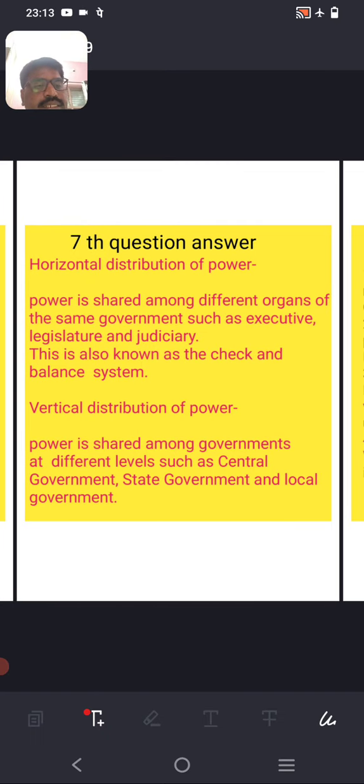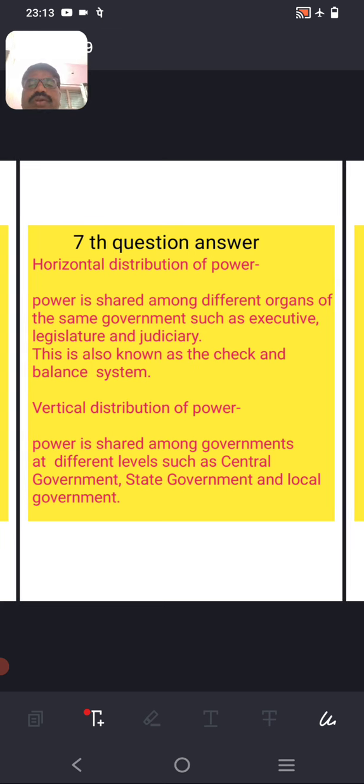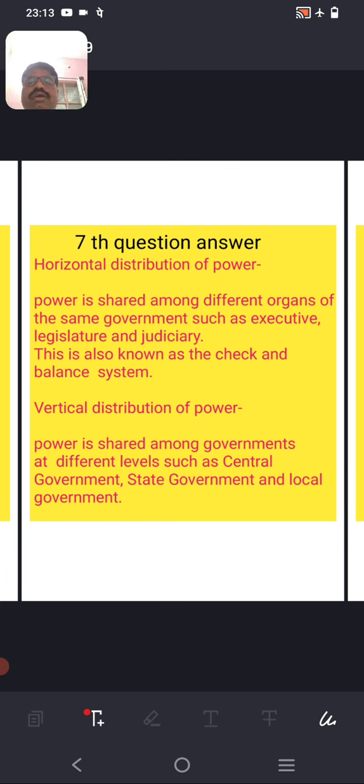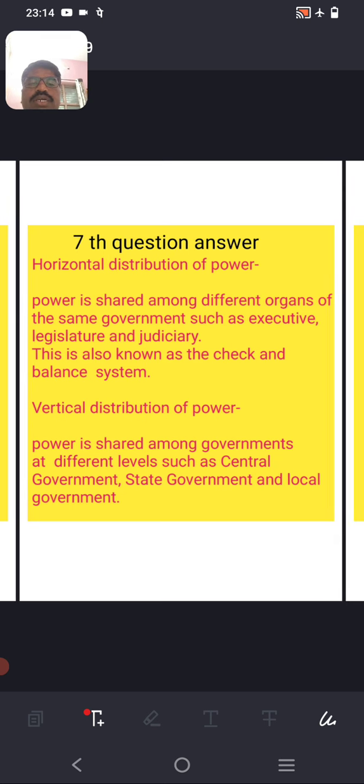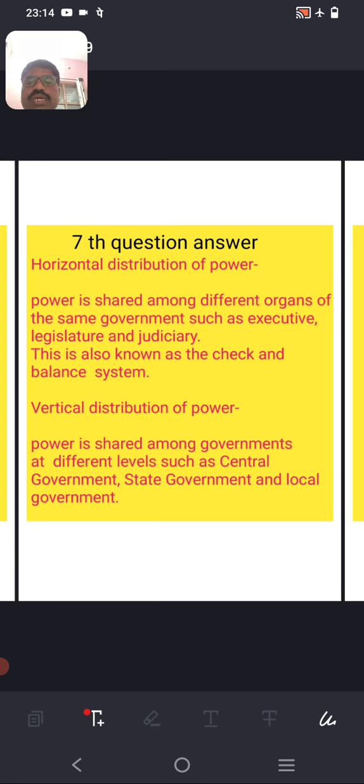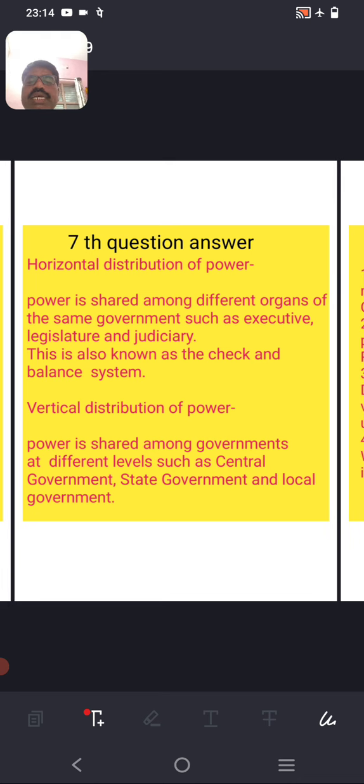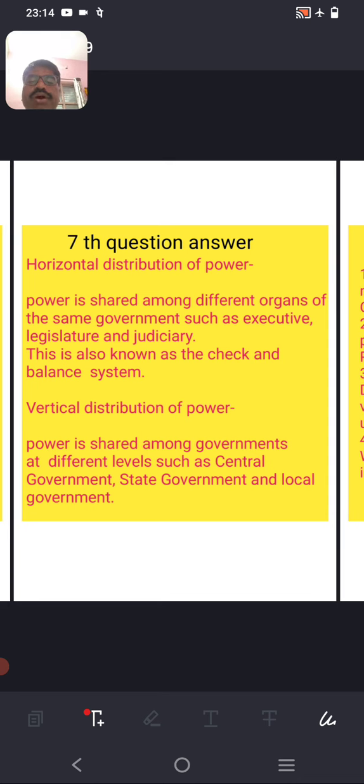Next, the seventh question. This is a 4 mark question. The question is differentiate between horizontal and vertical division of powers. Horizontal distribution of power means if the power is shared among different organs of the same government such as executive, legislature, and judiciary, this is called horizontal distribution of power.